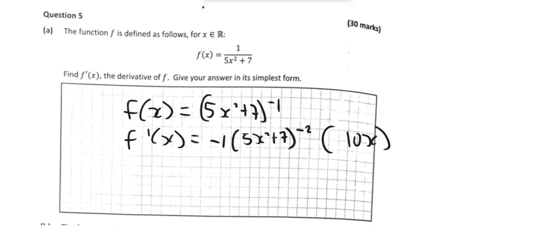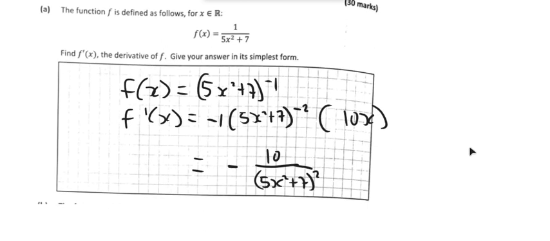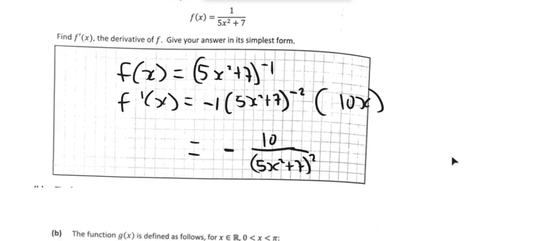You can simplify it a little bit, so you've got 10x over 5x squared plus 7 squared, and that's it. You don't need to multiply out the squared on the bottom or anything.